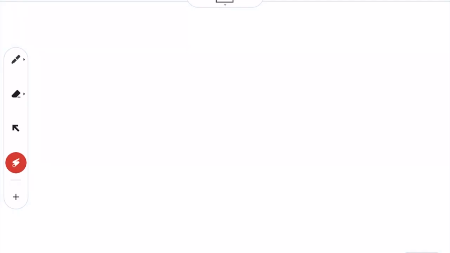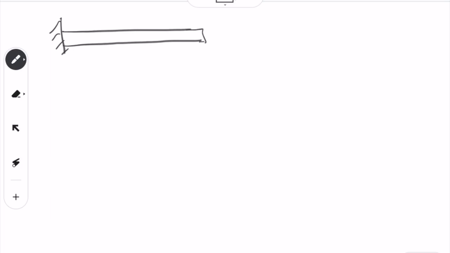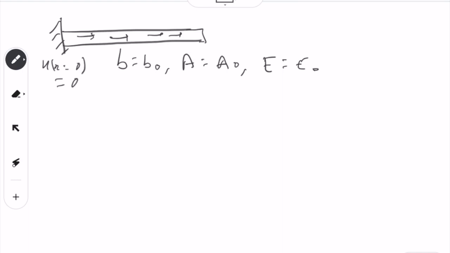So let's solve the same problem as we solved earlier and see how it looks. Earlier we had a constant b equal to b naught, A equal to A naught, E equal to E naught, all constant, and u at x equal to 0 was 0, and there was no force, so F naught equal to 0.